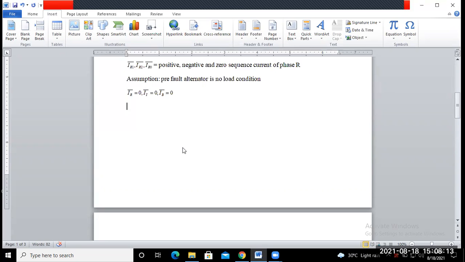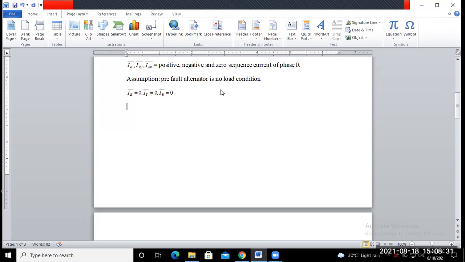After the fault takes place, what will change? Just note down: the fault current flows through phase R. So IR is the fault current that we will need to find out.